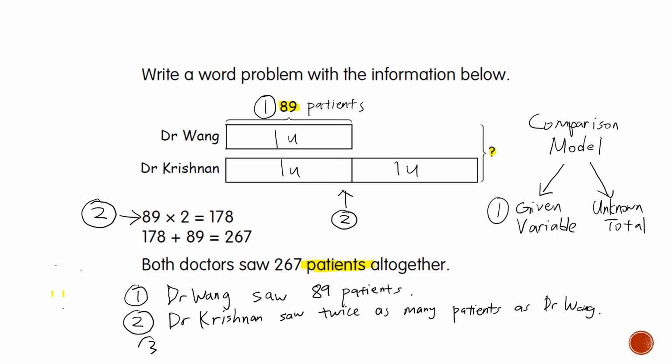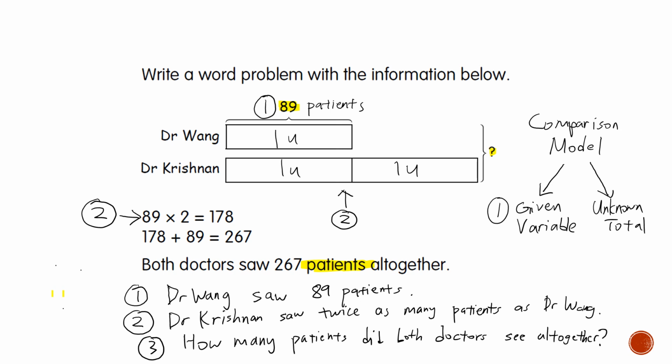And finally, we got to ask the real question, which is what the question is asking: how many patients did both doctors see altogether? Where did we get this information from?